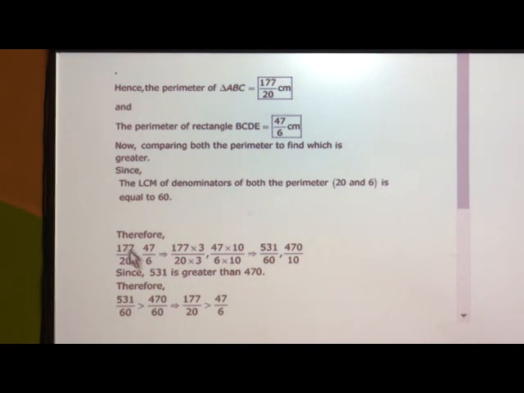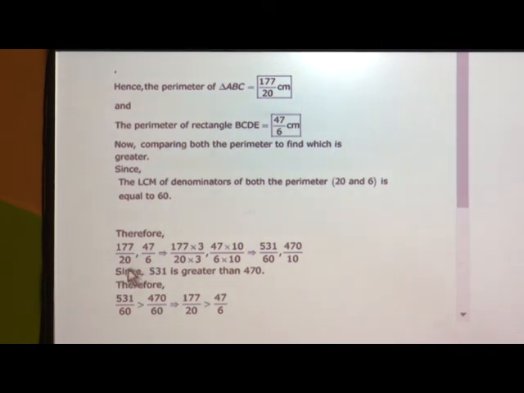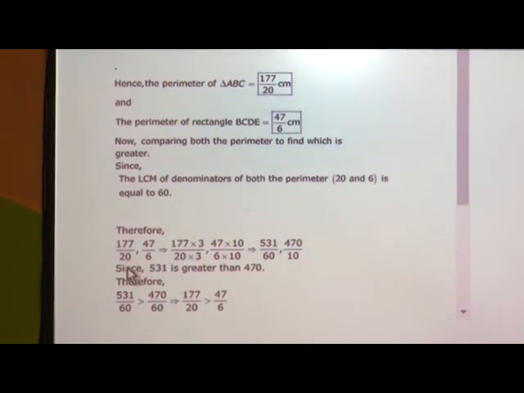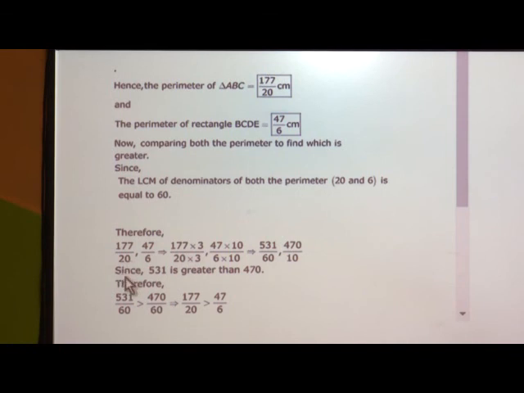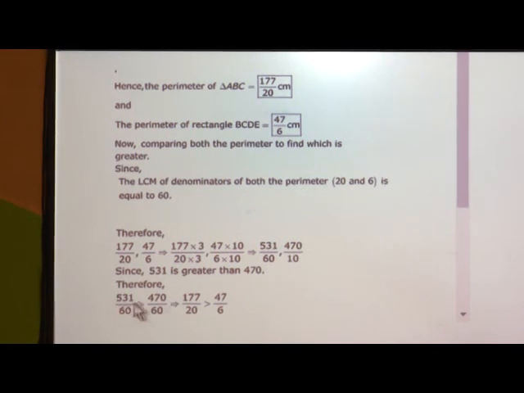So now I will write 177 upon 20. I have to make this 20 into 60, so I will multiply it by 3. When we have the same denominators, only then can we compare which area is greater. Now you can find that 531 upon 60 is greater than 470 upon 60.